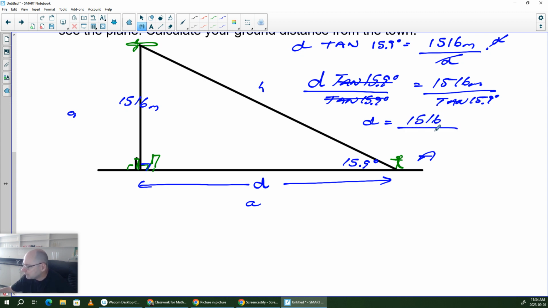All right, so let's figure out what tangent of 15.9 is. Oops, got that backwards. I got to do the tan first in mine. Okay, I end up with 0.2849.